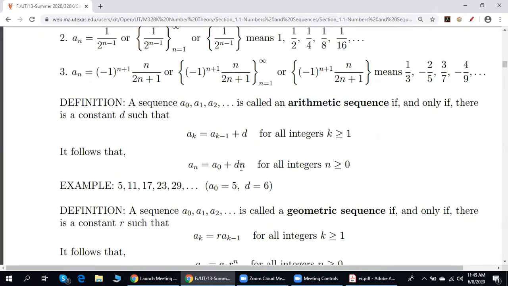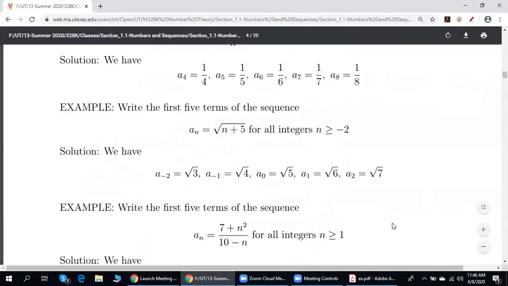The general formula is dn plus a0, where a0 is the initial term, d is the difference between any two consecutive terms. 11 minus 5, 6. 17 minus 11, 6. 23 minus 17, 6.